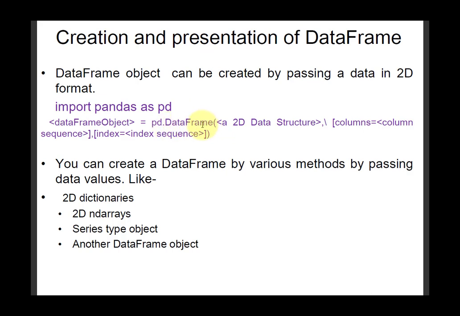So there we are creating a data frame, so we will call DataFrame, and then you can pass a 2D data structure. First you will pass the column sequence and then you can pass the index sequence. So this is the way of creating a data frame.